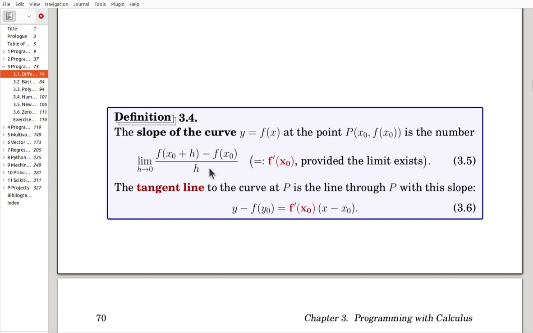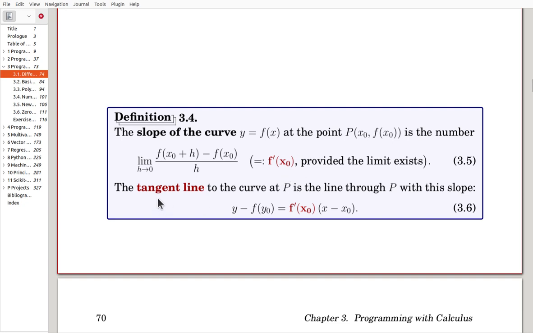And once the limit exists, we use the number as the slope of the curve at the point. And we use the notation f prime at x0 for that quantity. Once this limit exists, then we use this notation.